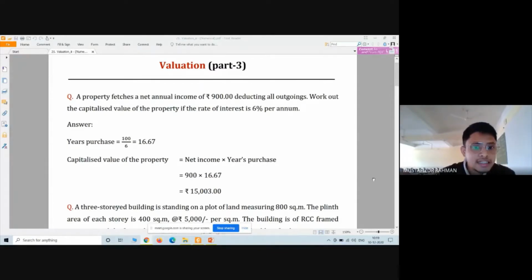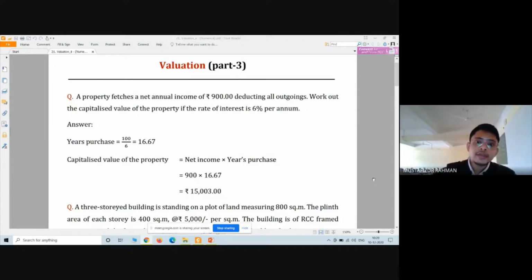So years purchase is the money that I have to keep in the bank to generate an income of rupees 1, and my income is 900. If I multiply these two, this will give me rupees 15,000 that I shall have to keep in the bank at the interest rate of 6%. Then I will have an income of 900.